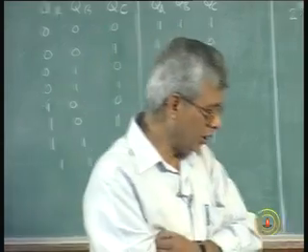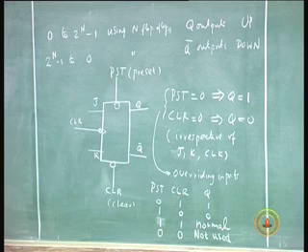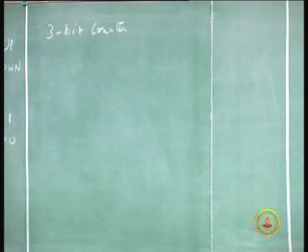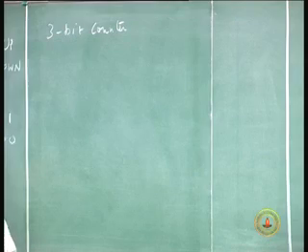So, let us take a simple example of a 3-bit counter. Whether it is up or down does not matter, because as I said, all you have to do is take Q or Q bar for up and down respectively.